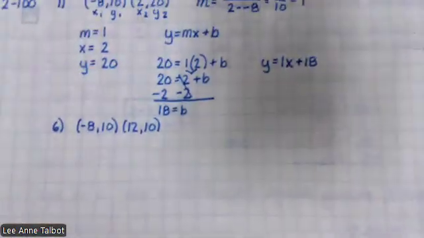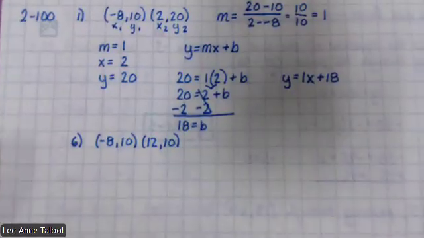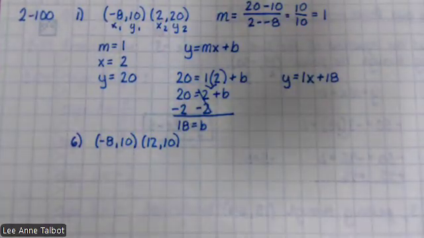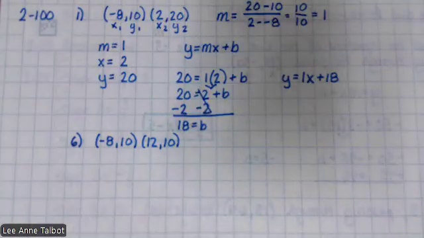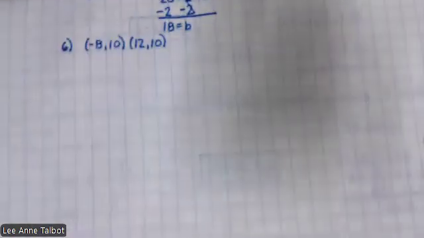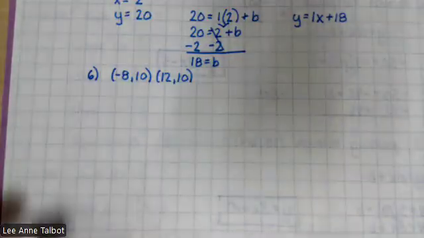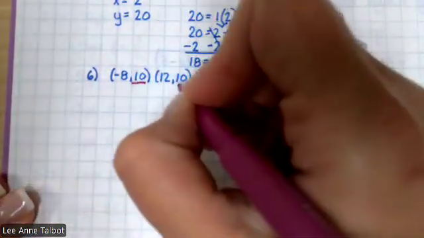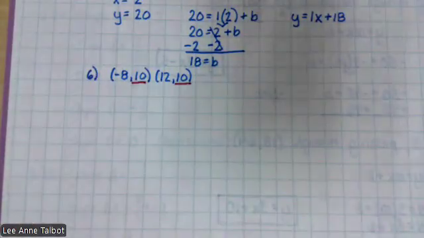And what I want you to do is when you are on the page that we're actually on, I want you to notice something about the y values of these two coordinates. What do you notice about the y values of these two coordinates? They're both 10, they're equal. Okay, so what you get to do is say, all right, I know the slope is 0.